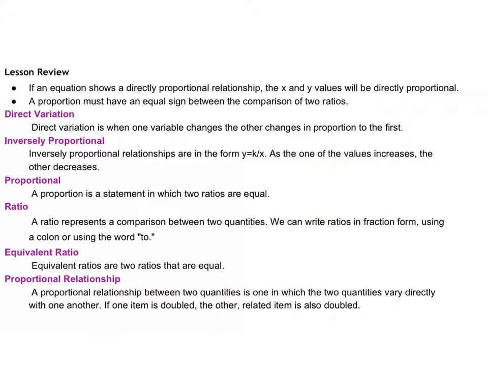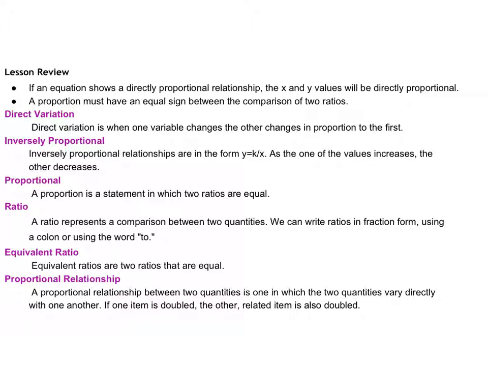So a review: if an equation shows a directly proportional relationship, x and y values will be directly proportional. It means if one goes up, so does the other. A proportion must have an equal sign between the comparisons of two ratios. Direct variation is when one variable changes, the other changes in proportion to the first. Inversely proportional relationships are in the form of y is equal to k divided by x.